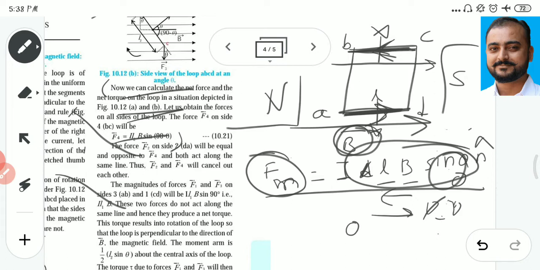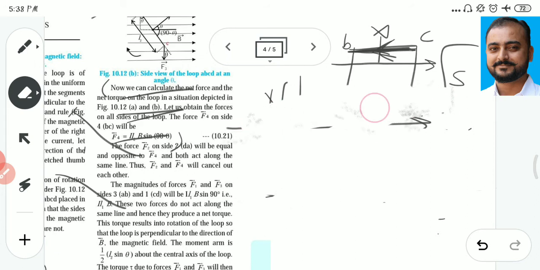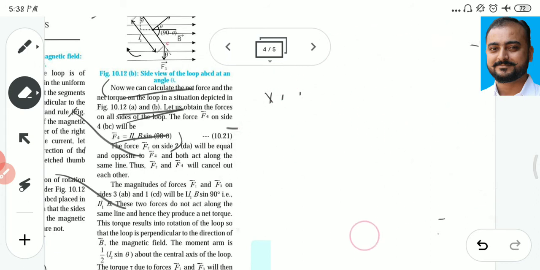Write it in sentence form also, or you can represent it as an equation. Then the next point.